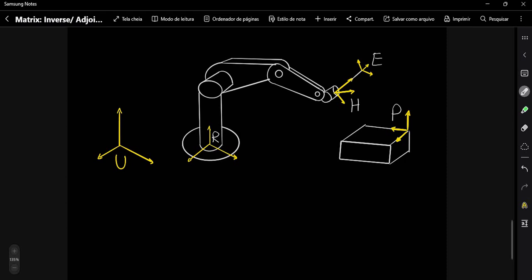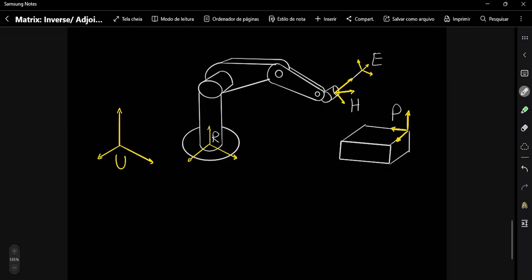Right here we don't have a text describing what this robot is doing, but we know the task itself. We know the task is to drill a hole.